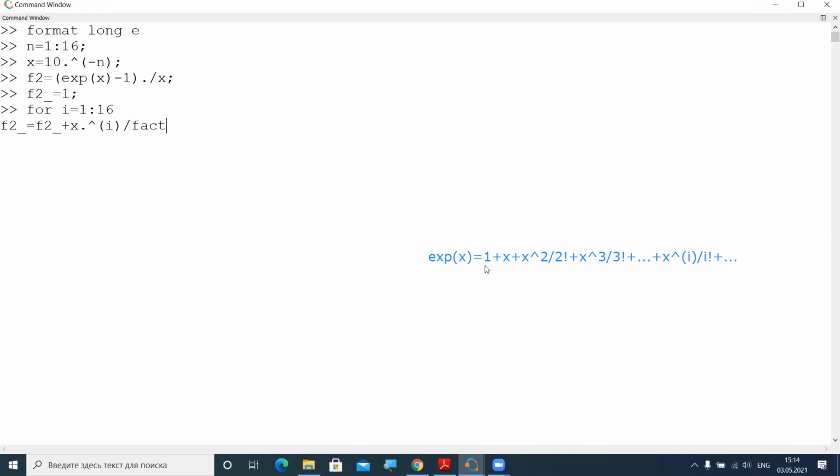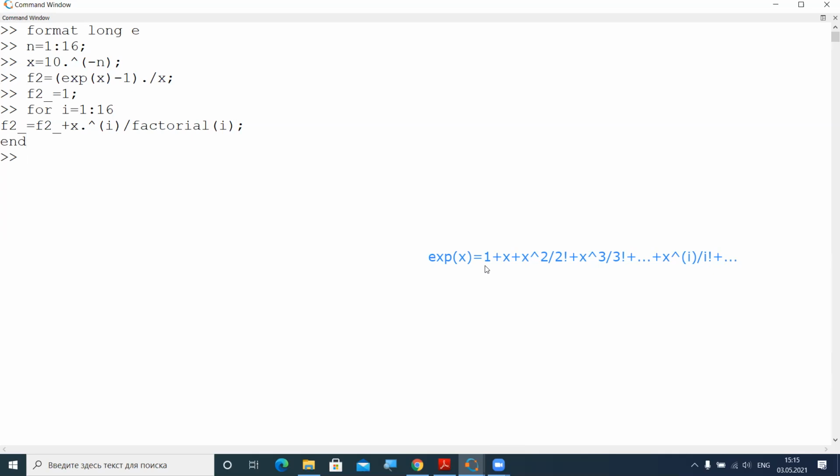So it will be factorial I, like this. We'll continue till 16, I from 1 till 16.